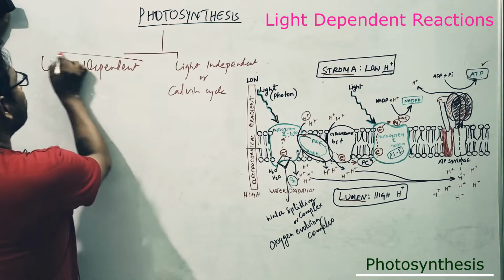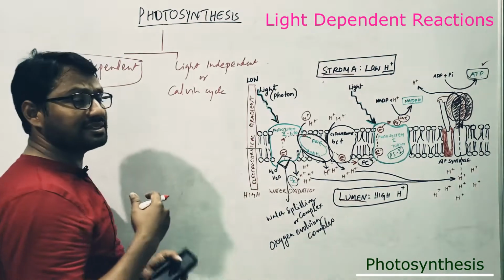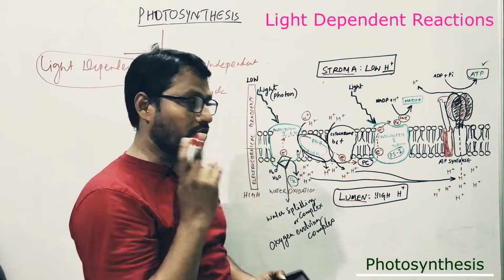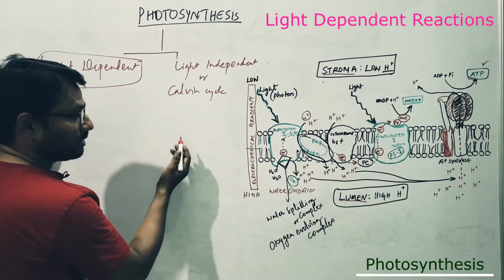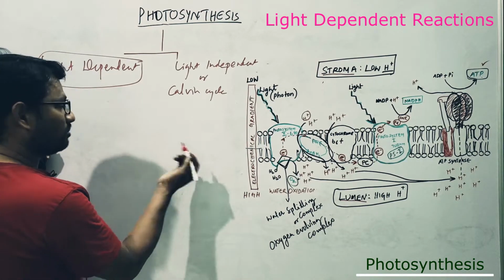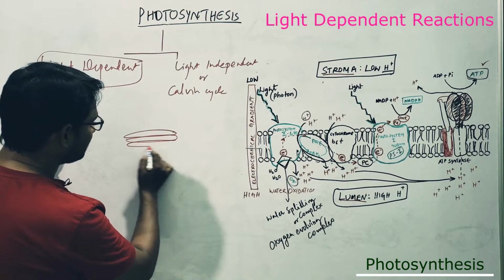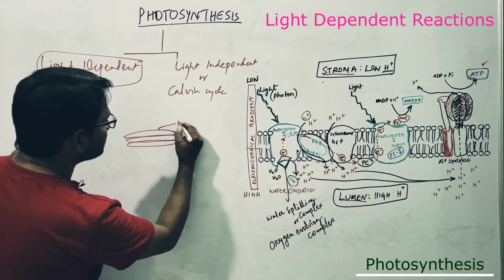Now we will discuss the light dependent reaction. As I said before, photosynthesis occurs inside the chloroplast on thylakoid membranes. Thylakoid membranes can be grana thylakoid or stroma thylakoid. Grana thylakoid appears like this, and on this membrane the photosynthesis occurs.